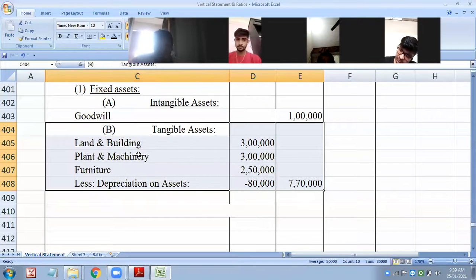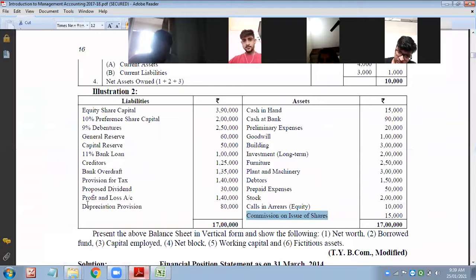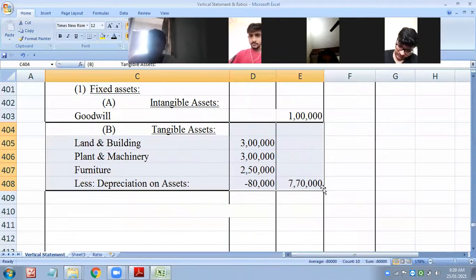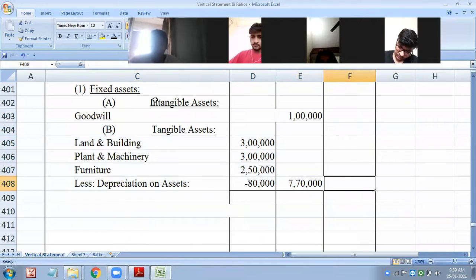Tangible with depreciation. So we have land and building, plant and machinery, furniture, fixture, less provision for depreciation which was there on the liability side. So kindly take down till your asset will be 8,70,000.